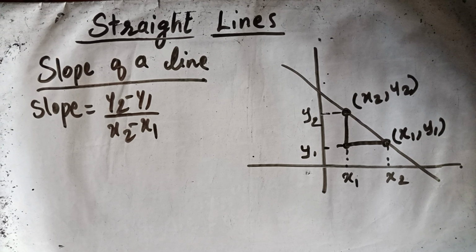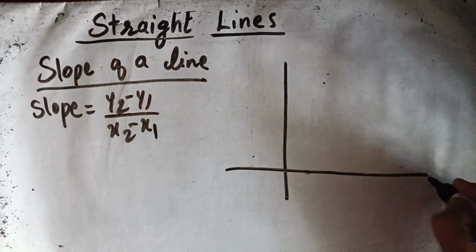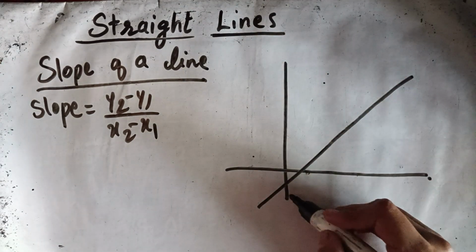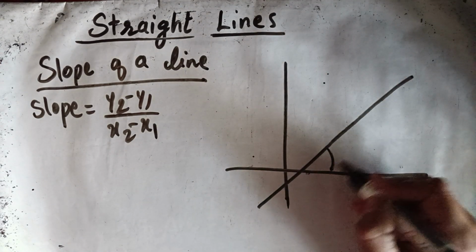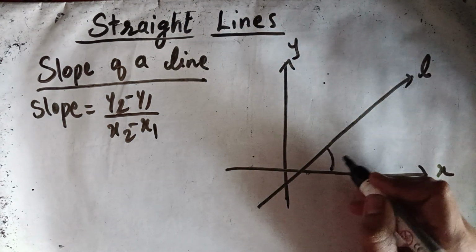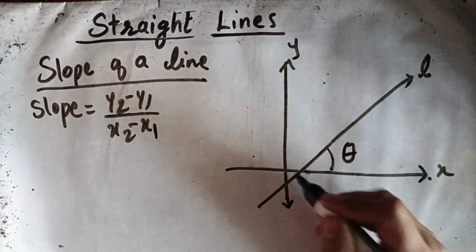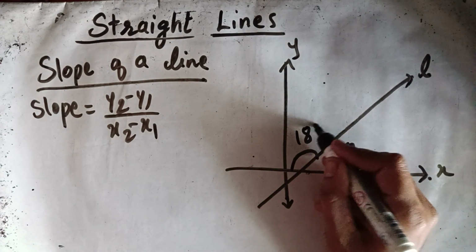If you are given the angle, how do you write the slope in terms of the angle? There is a figure which shows how to draw it. This line L is making angle theta with the x-axis, and the remaining angle will be 180 minus theta.